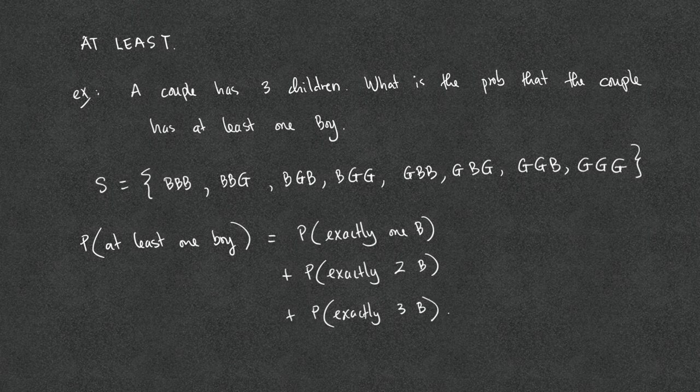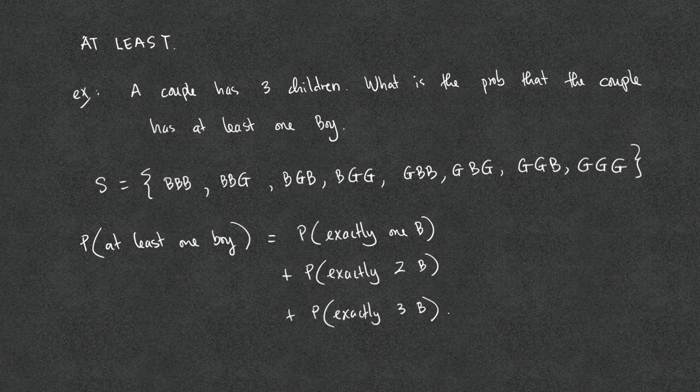These events are mutually exclusive. Exactly 1 has no intersection with exactly 2, and has no intersection with exactly 3.